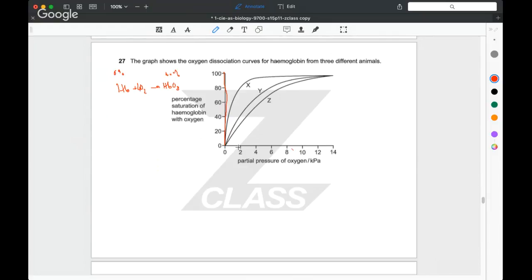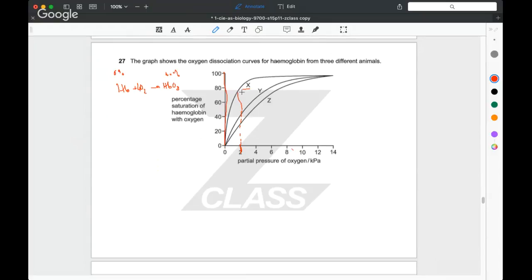Well, the partial pressure of oxygen is low here, and that's another way of saying the dissolved oxygen concentration that the fish is in is low. And you can see here, out of all these, X, even at low concentrations, can still saturate its hemoglobin to 80%. That's incredible. So that one must be the fish living in the water with the low dissolved oxygen concentration.